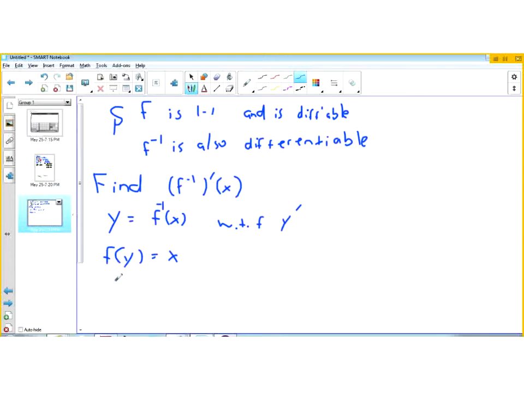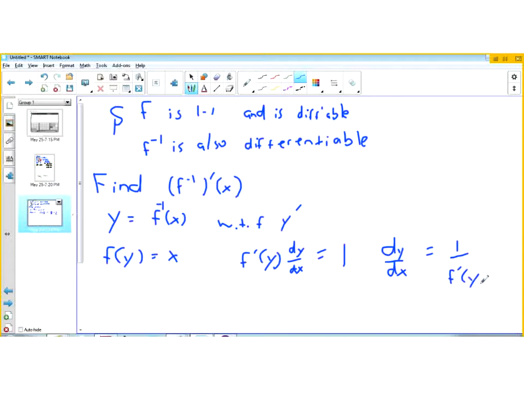Now if we differentiate both sides, we have f prime of y, and then we have to use the chain rule, dy over dx, the derivative of y with respect to x, is equal to 1. And so now the derivative of y with respect to x is equal to 1 over f prime of y.